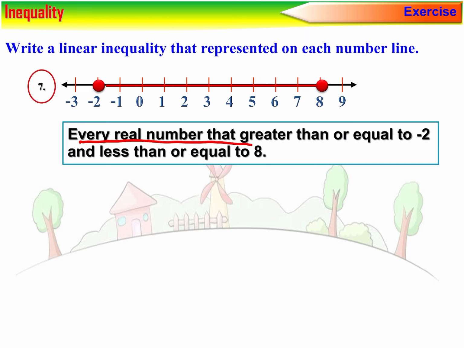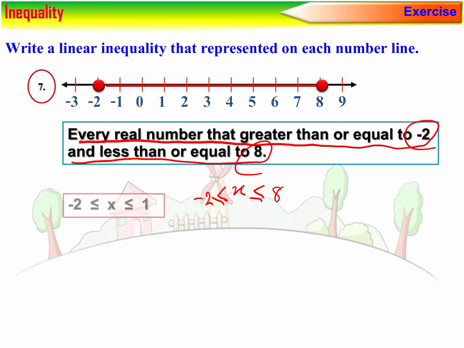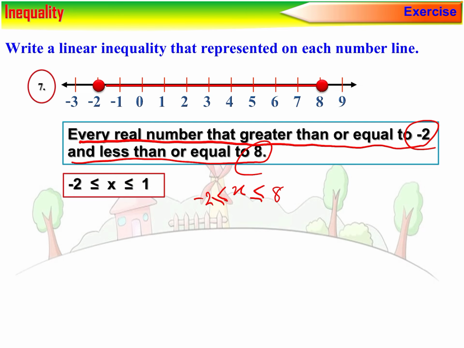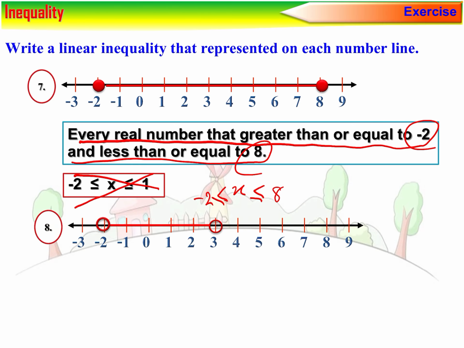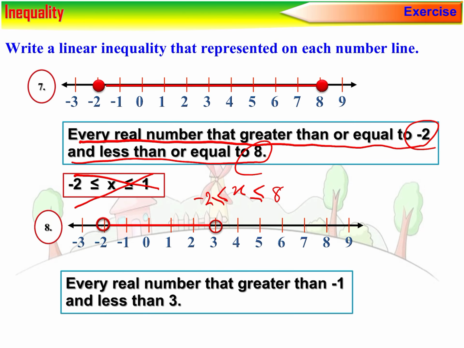And number 7 means every real number that is greater than or equal to negative 2 and less than or equal to 8. So it can be x greater than or equal to negative 2, less than or equal to 8. This is wrong.